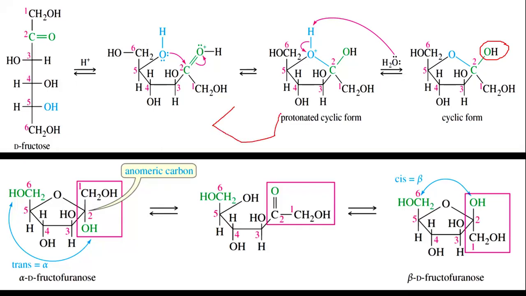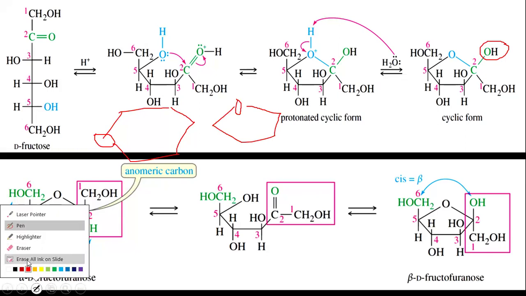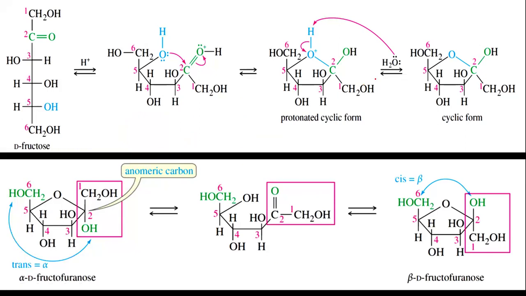This is your structure of furan, this is tetrahydrofuran, and this is your structure of pyran. So we understand why this is called furan and this is called pyran. We can see the OH group has come on the top. This is the attack from the bottom side of the molecule, so the OH falls on the top. Similarly, when the attack is from the top, you will get an OH below.